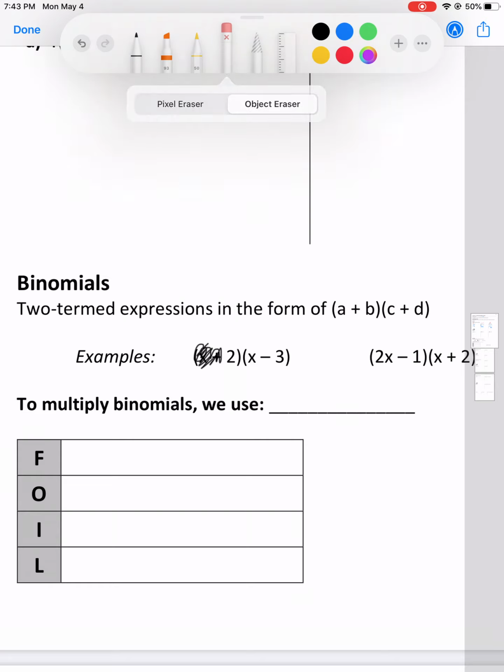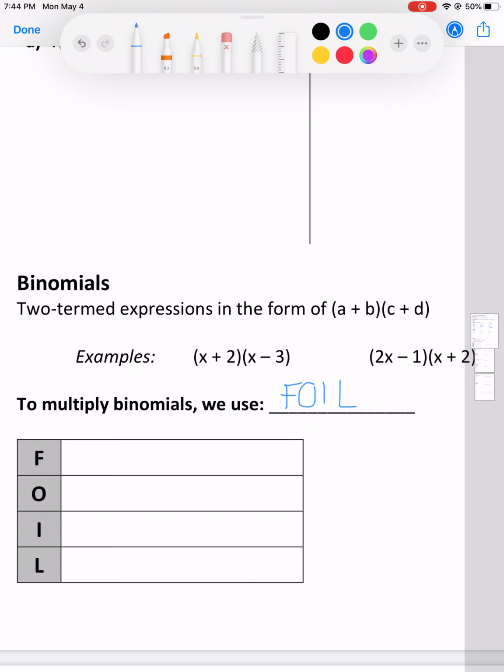We have a whole other thing that we have to take care of as well. So to multiply binomials, so these 2 terms, we use FOIL. So you can see it's already listed there.